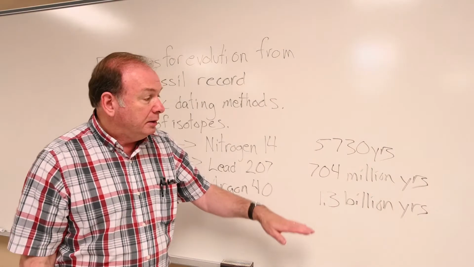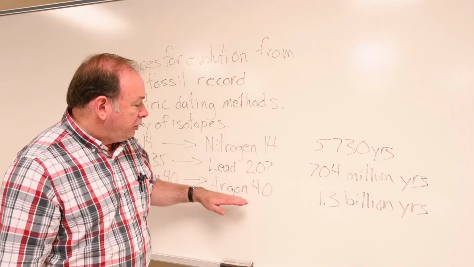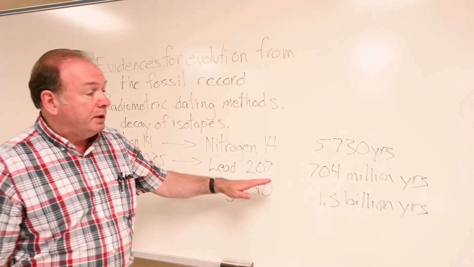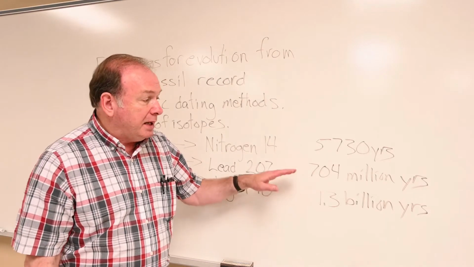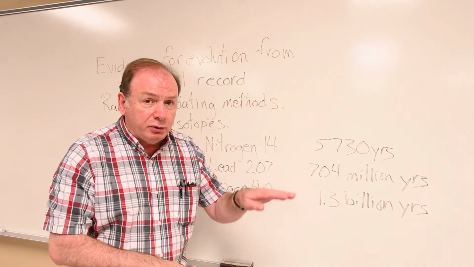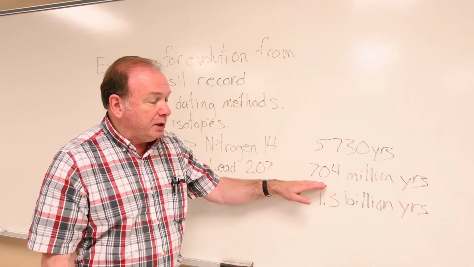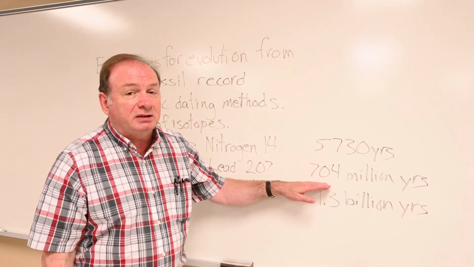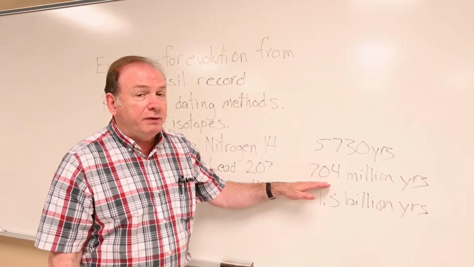We can't age them directly using uranium or potassium-40 methods. But if we have lava flows, ash flows, or intrusions of igneous rock between layers, we can get some estimation of the age of the sedimentary beds.